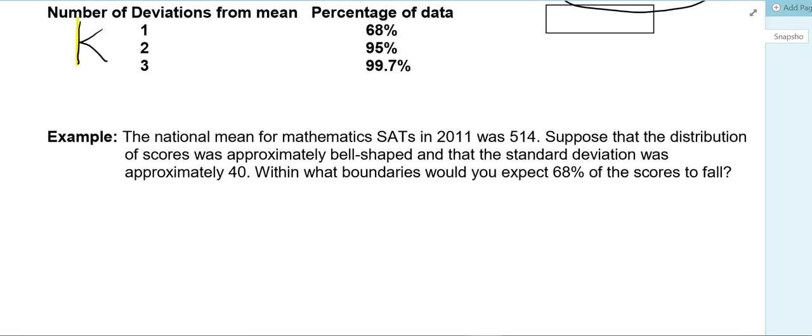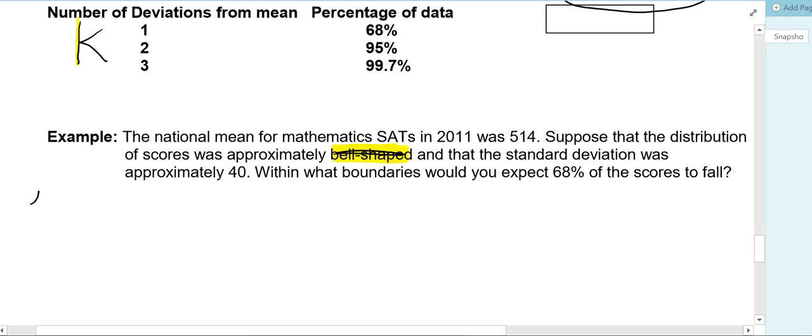The national mean for mathematics SAT scores in 2011 was 514. The distribution of scores was approximately bell-shaped, okay? That's the key word right there, bell-shaped. And the standard deviation was approximately 40.